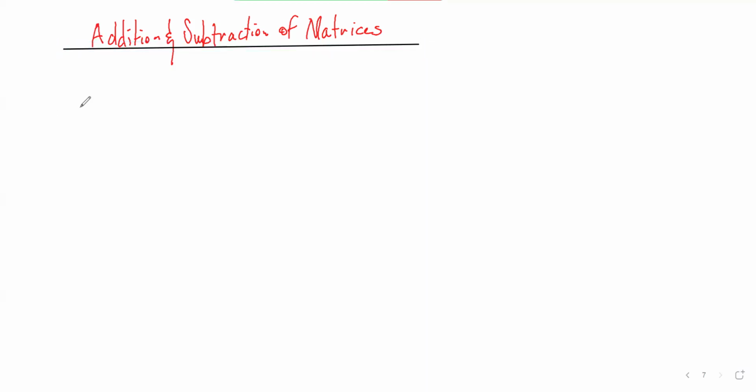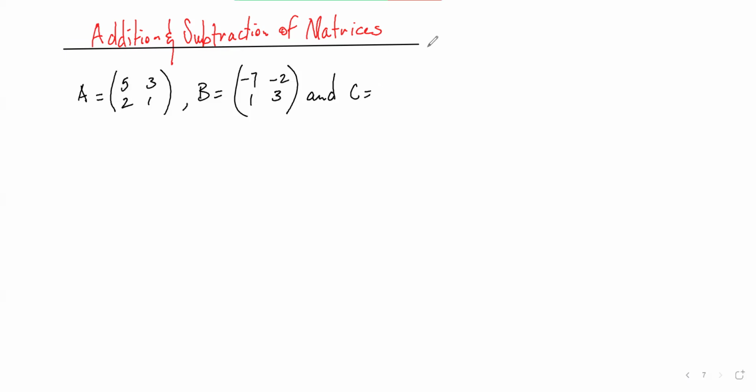Let's say we want to add. Let me say we have a matrix A. And matrix A is equal to 5, 2, 3, 1. Matrix B is equal to -7, 1, -2, 3. And then matrix C is equal to 1, 6, -7, 0.